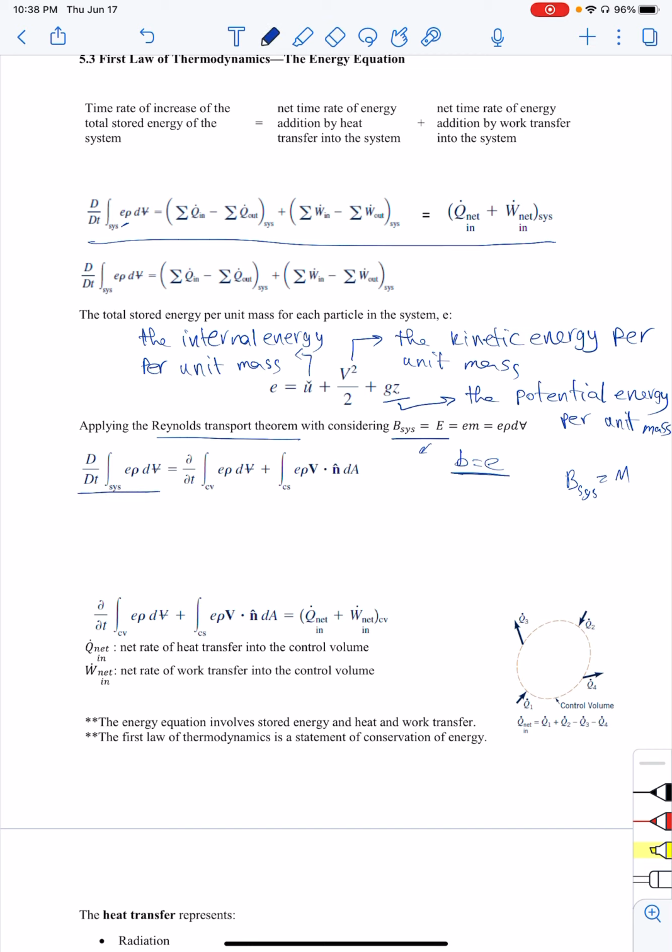This one we know is the time rate of increase of the total stored energy of the system.